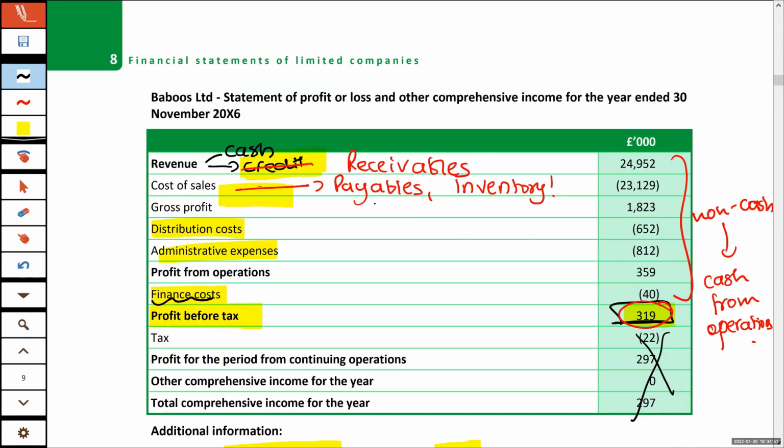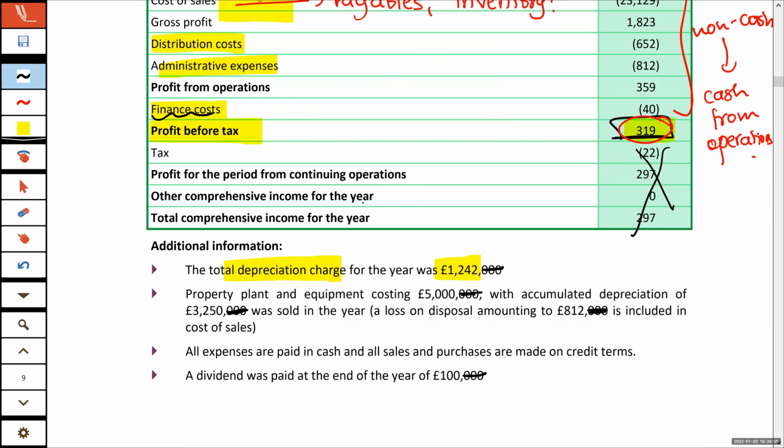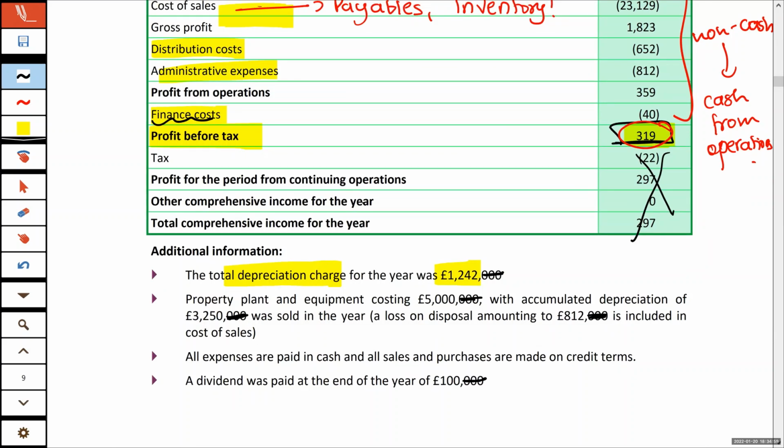If you did any questions where you did profit and loss and balance sheet, anything that comes as additional information, we always put it in two places. So just bear that in mind. In these as well, some of them will often go in two places, especially if it's something that you're dealing with in PPE land. So I've dealt with that.